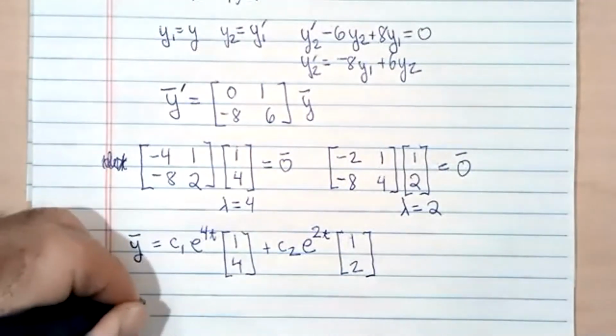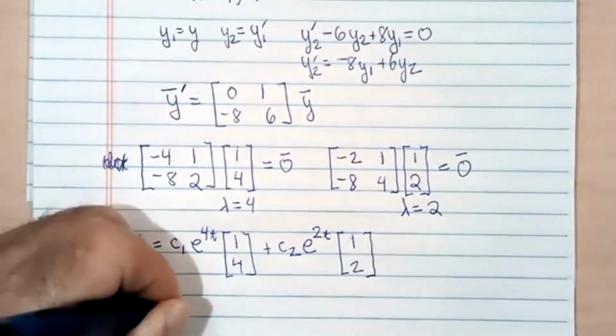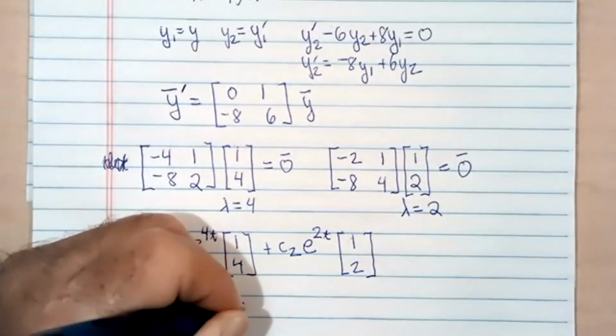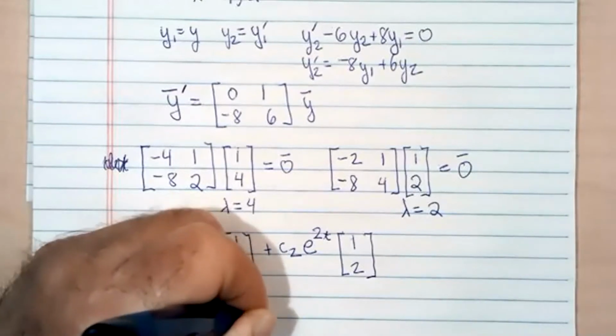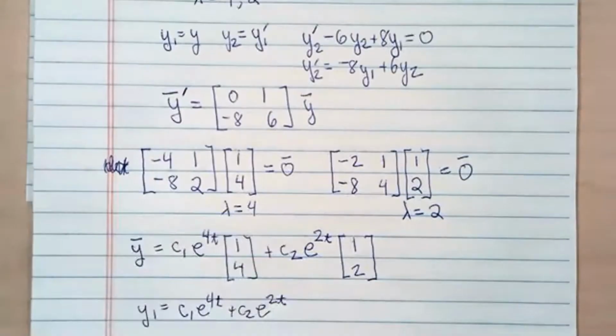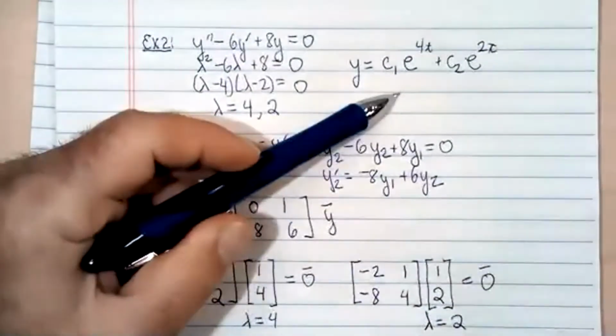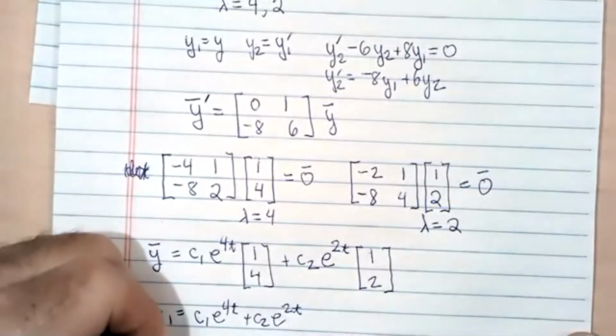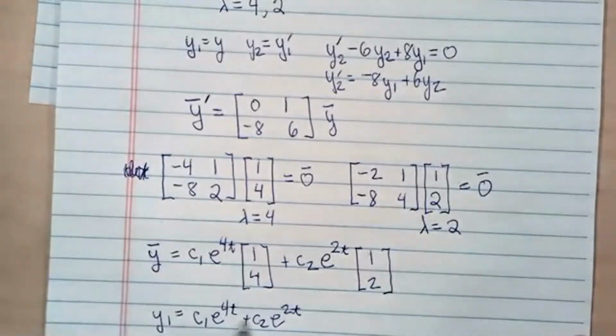And that tells me that y1 equals C1 e to the 4t plus C2 e to the 2t. And that should match up here. Looks like it does. And y2 is, you're just going to have scalar multiples there.